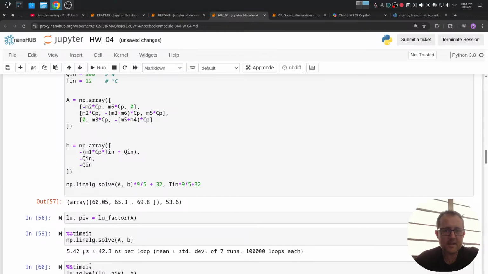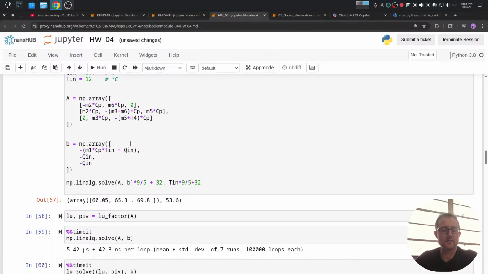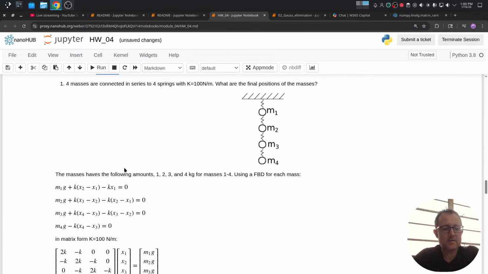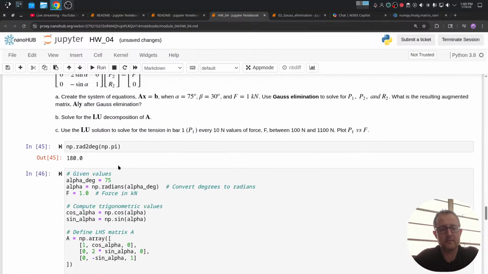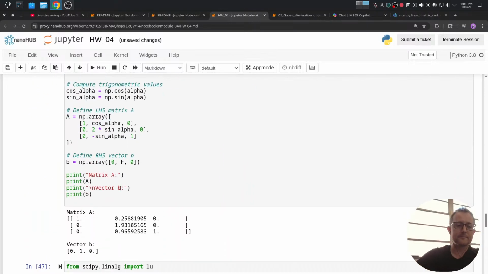When I say dense, I mean there's not a lot of zeros. This is a 3 by 3 matrix with only 2 zeros in it, so only 2 out of 9 values are 0. In this next one, 4 out of the 9 are zeros. The more zeros you have, the easier it is for the solver to actually solve it for you.